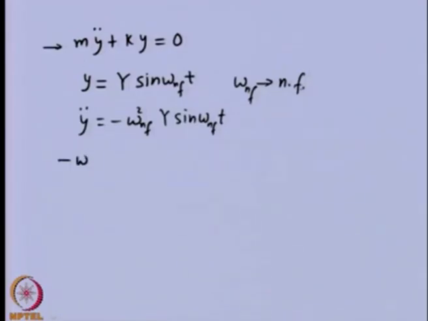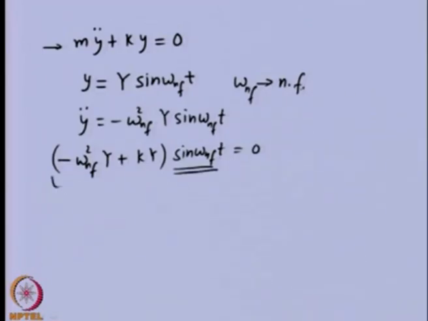So, we will get sin omega n t will be outside, because this term cannot be 0 for all values of time.